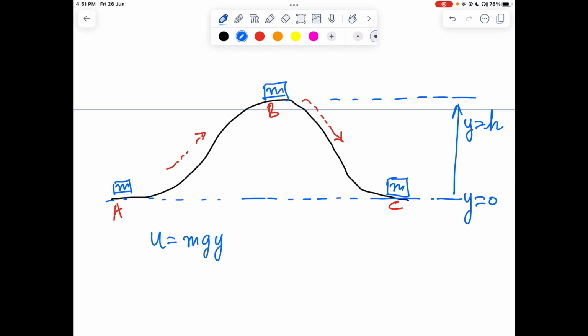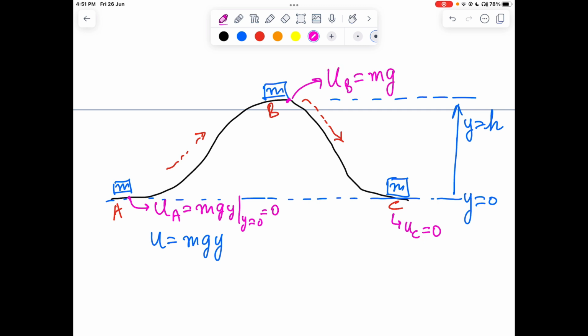That means at this point A we have UA is equal to mgy with y being 0, this is 0. Similarly, at this point C, we have UC is equal to 0. And at the point B, we have UB is equal to mgh.